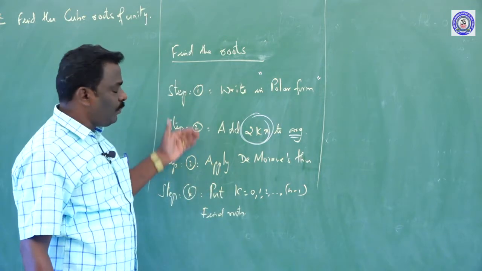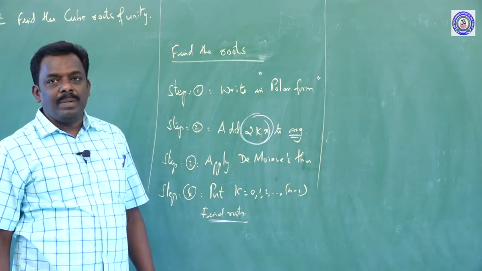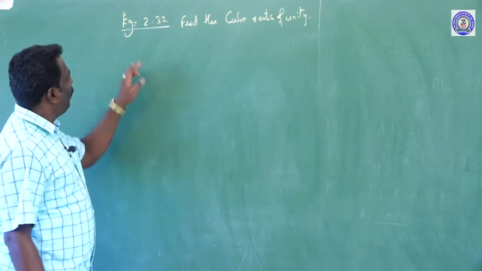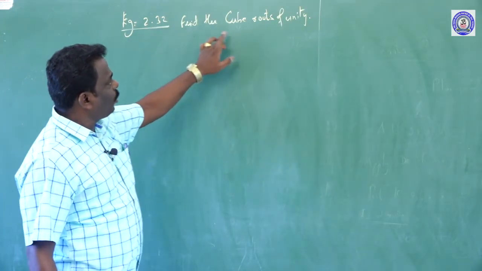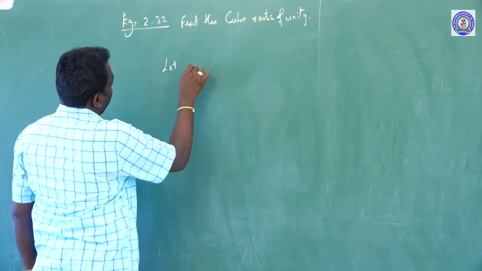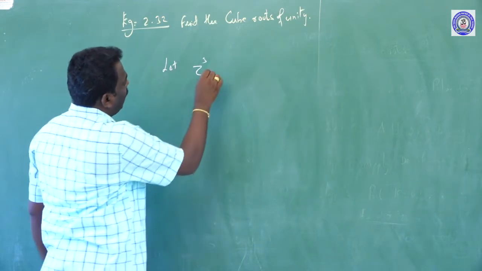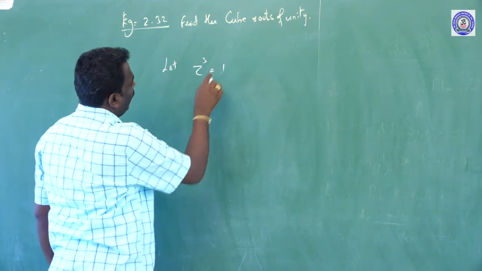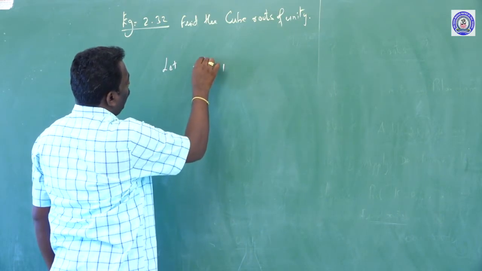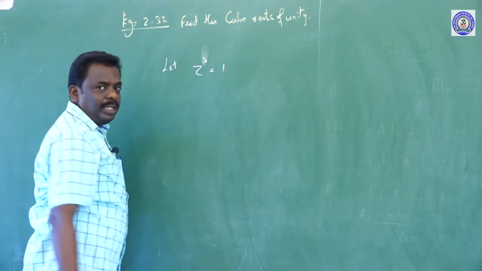And follow these four steps to find the roots of a given complex number. Come to the first example, 2.32: find the cube roots of unity. So let us consider z cubed equal to 1, unity is 1. Here the cube means the degree of the polynomial equals 3.